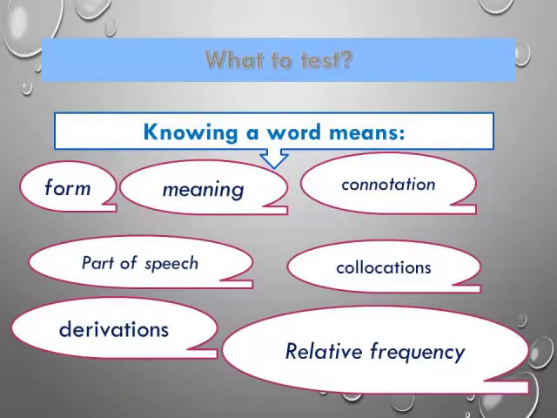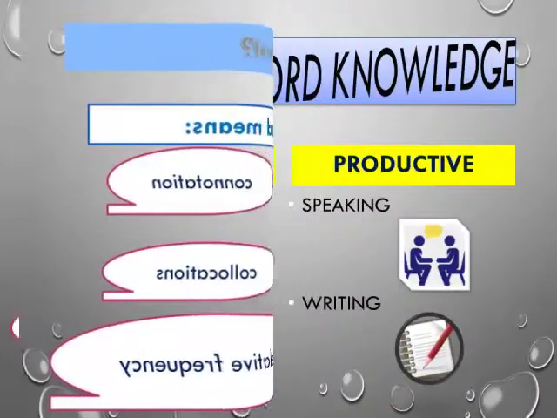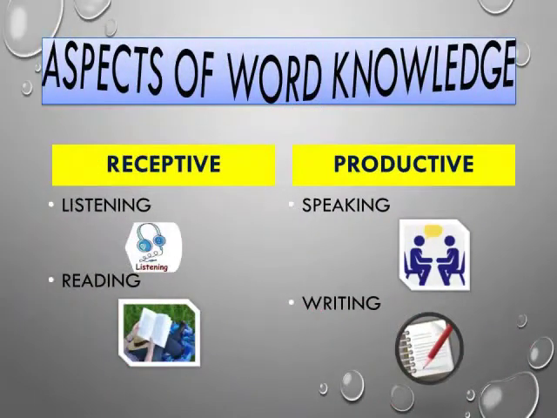All these aspects cannot be tested in one test or in one type of test. Most tests involve only some of the aspects, for example, form, meaning or connotation, some of them parts of speech. We can't use all aspects in one test.